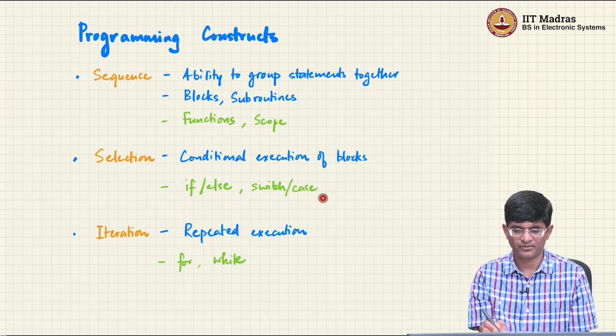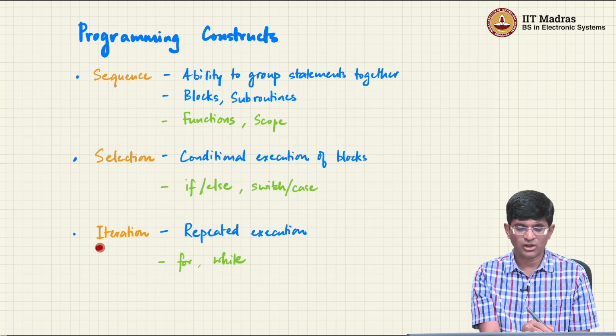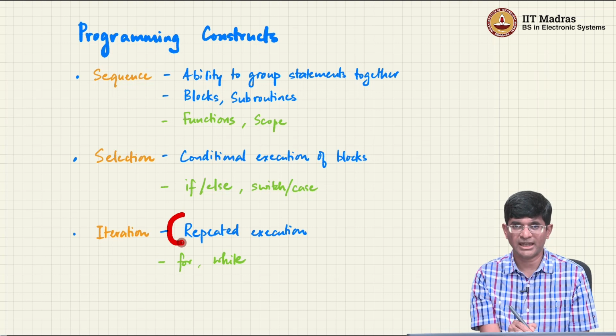And finally, the concept of iteration, which is essentially repeated execution, right, and we sort of distinguish between iteration and selection because iteration is a very common construct and has very specific uses. It is repeating the same block of code multiple times.